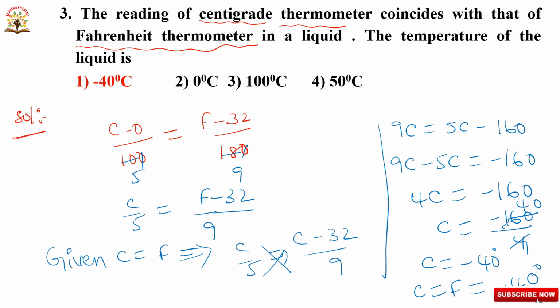So minus 40 degrees centigrade is equals to minus 40 degrees Fahrenheit. So at minus 40 degrees centigrade and at minus 40 degrees Fahrenheit, both the centigrade thermometer and Fahrenheit thermometer coincide. Okay, next we will go to the next question.